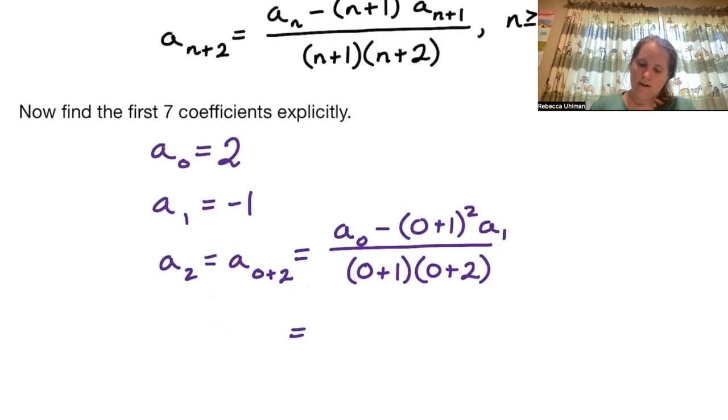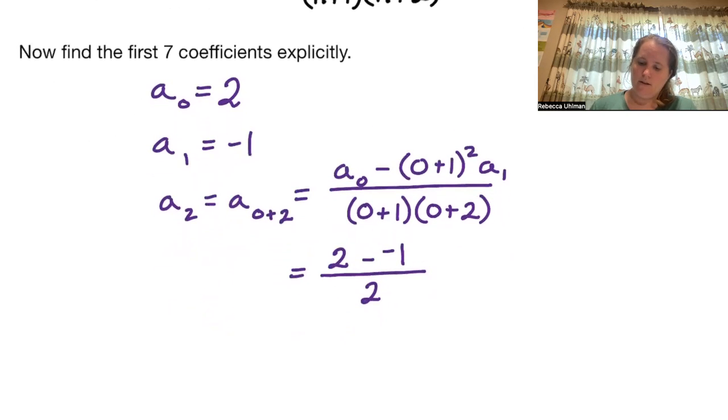So we are looking at 2 minus 1 times -1. So 2 minus -1 divided by 1 times 2, or 2. And we get that A2 is 1.5, or 3/2.